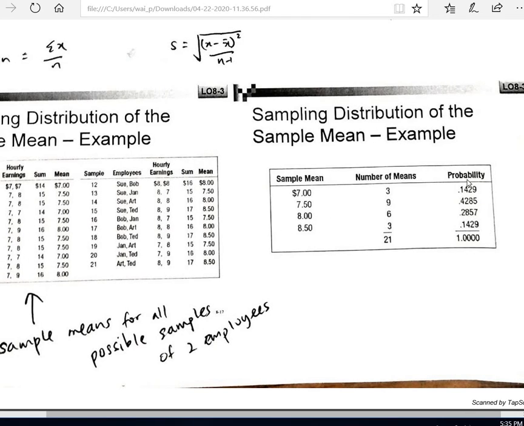If the question asks you to calculate the probability, 3 divided by 21, we get 0.1429. 9 divided by 21, we get 0.4285, etc. If we add up all these probabilities, we will get 1, because probability is from 0 to 1.